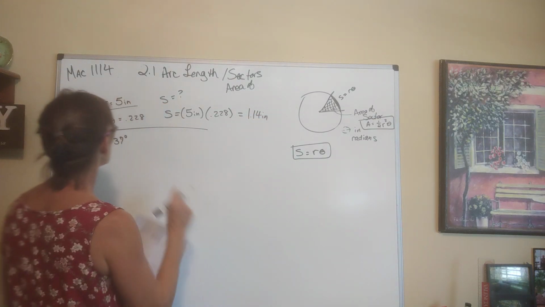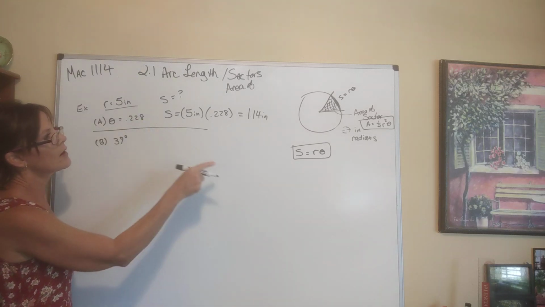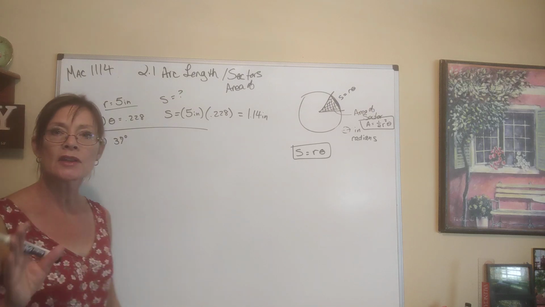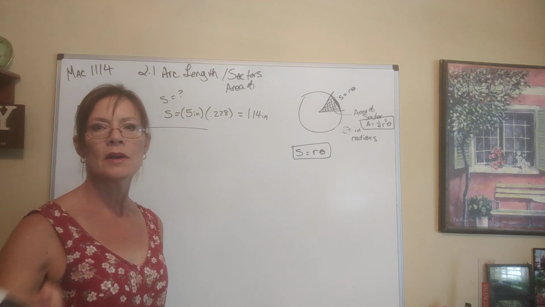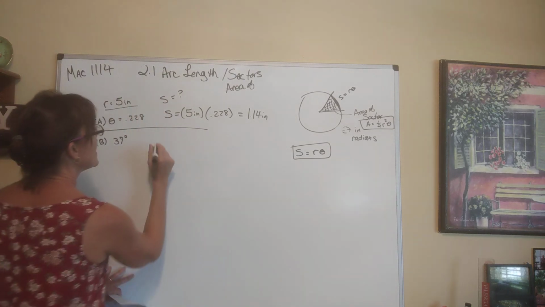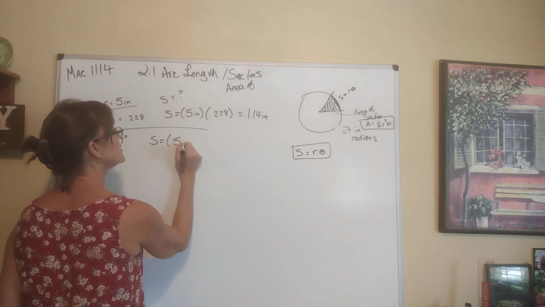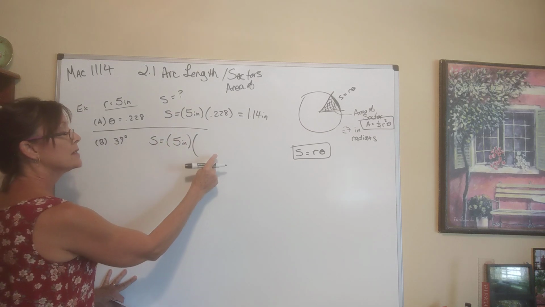Okay. So what about this one? Well, the problem is I want to find the arc length, but the angle's in degrees, so I just have to convert. You can convert and then use that formula, or you can do it all at once. I'm going to do it all at once. It looks like this. S is equal to the radius, 5 inches, times theta, all right? But it's got to be in radians.